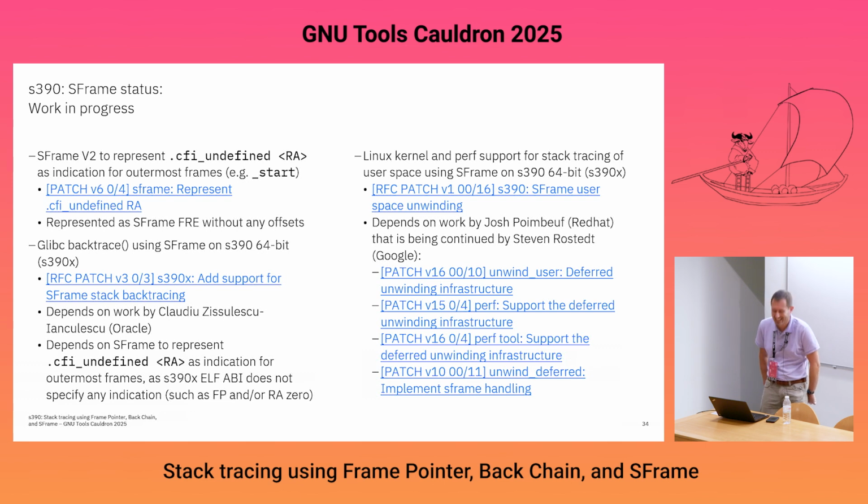And it's a whole series of series. There is a patch series that adds a deferred unwinding infrastructure for user space to the kernel. That is required because for the kernel to access the SFrame section contents, there can be page faults, and not all kernel contexts can support that.